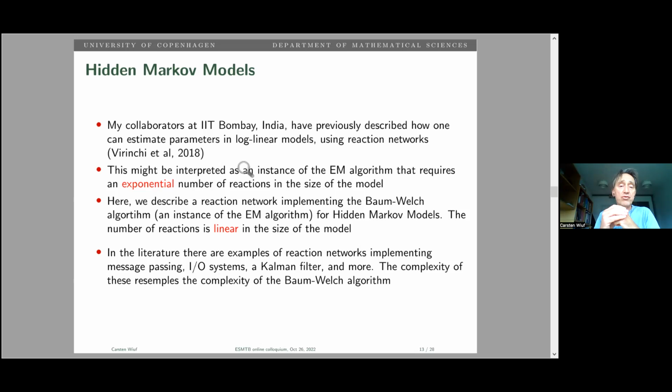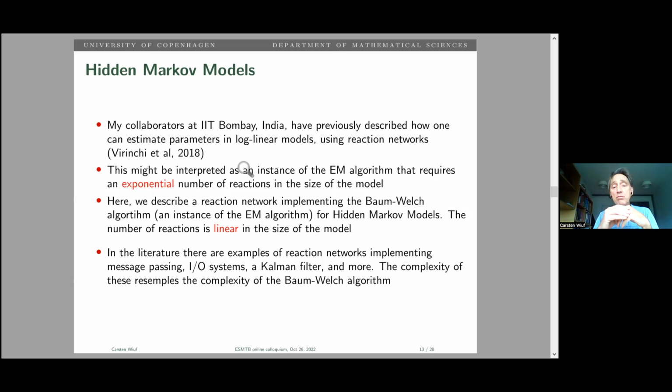Here, what I will describe to you is a reaction network that implements the Baum-Welch algorithm for hidden Markov models. And in contrast, the number of reactions here is linear in the size of the model. So it's more likely perhaps to possibly be implemented in a molecular machine.